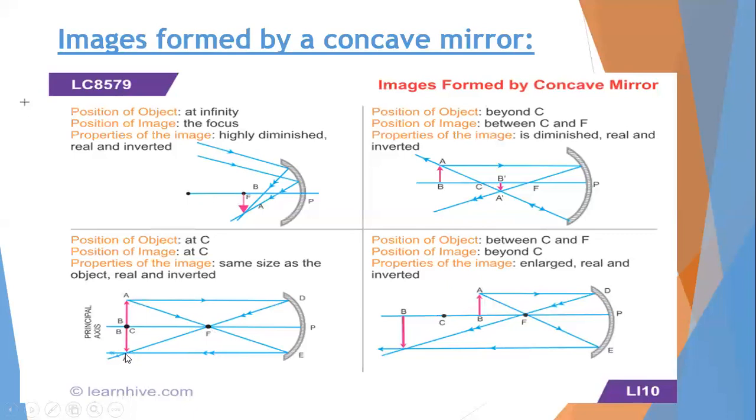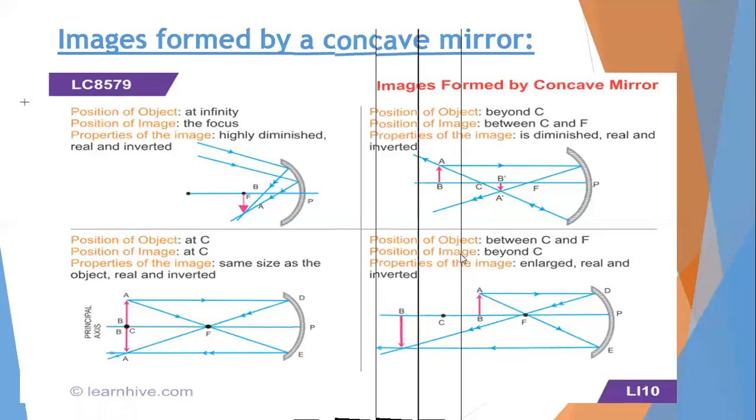Where these two rays intersect each other is the center of curvature. That means if the object is placed at the center of curvature, its image is also formed at the center of curvature. The size of the image is the same as the size of the object, and the nature of the image is real and inverted.